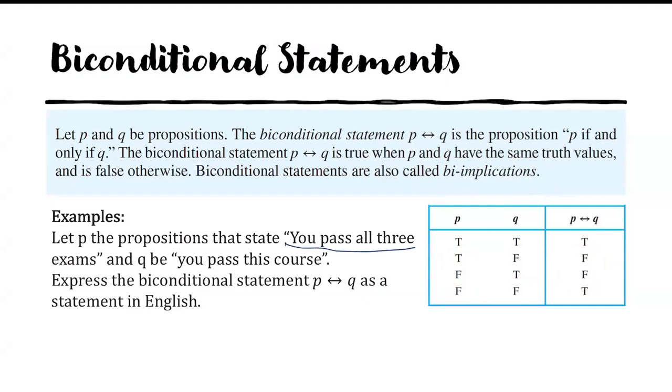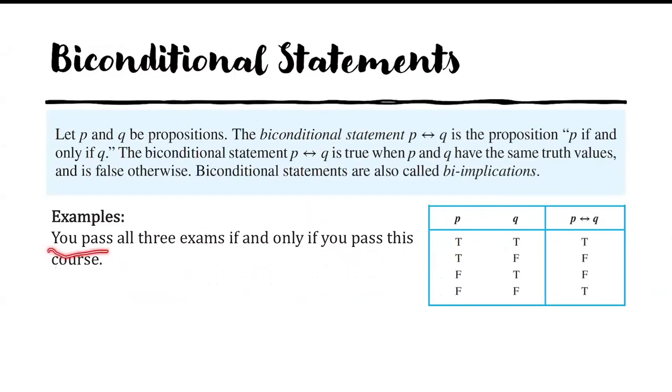So if we want to translate, P is you pass all three exams, Q is you pass this course, then the biconditional statement P if and only if Q will be: you pass all three exams if and only if you pass this course. This implies that if you pass all three exams, you will pass the course.